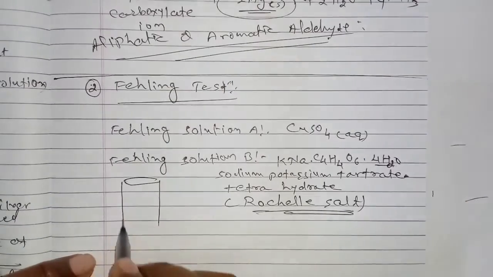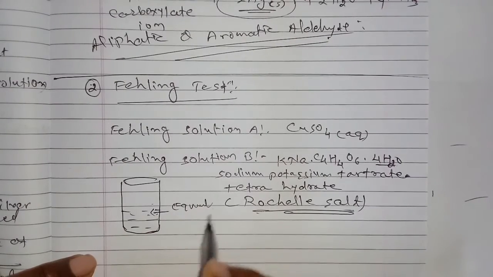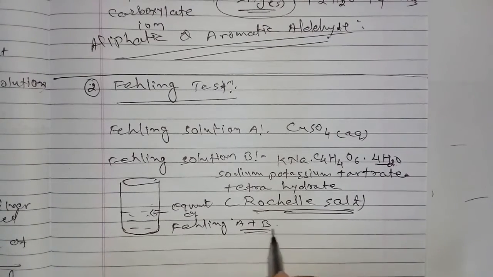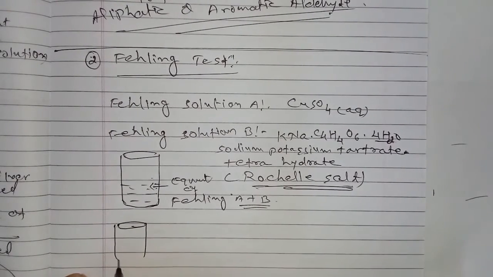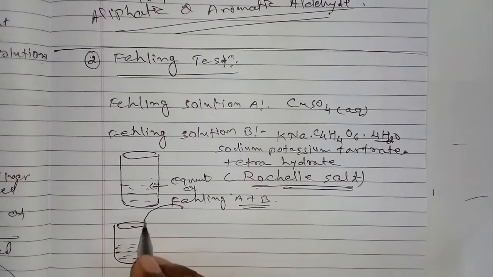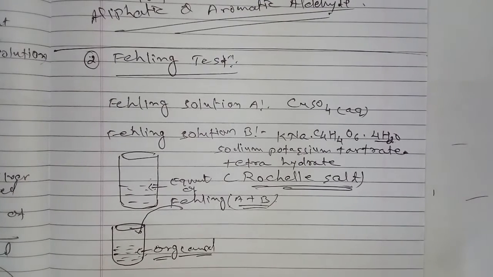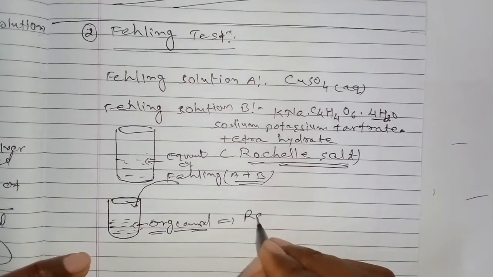In a dry test tube, an equal amount of Fehling A and B is mixed, and then in another test tube, the Fehling A plus B is added to the organic compound, followed by heating.